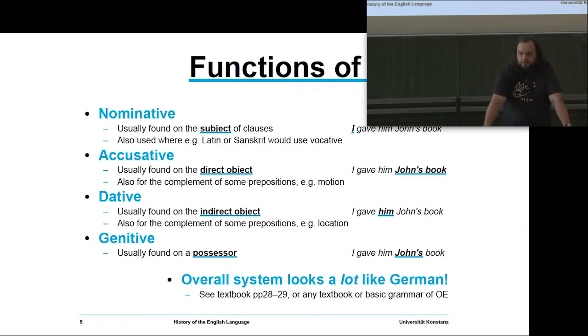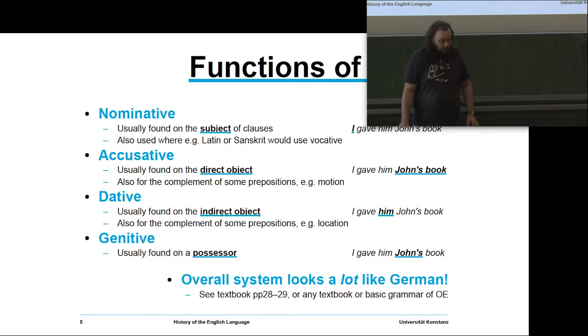So him can be either a direct object or an indirect object, and which it is depends on the word order. This is one of the reflexes, remember, of Old English being a more synthetic language, relies more on its case endings, versus modern English, a more analytic language, relies more on its word order.